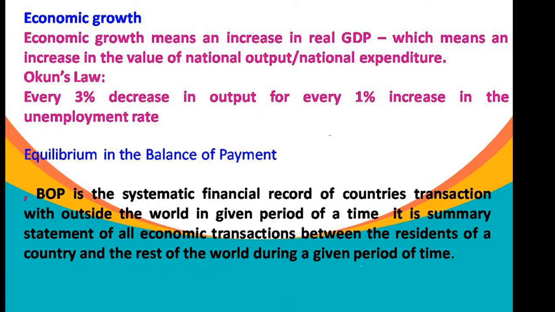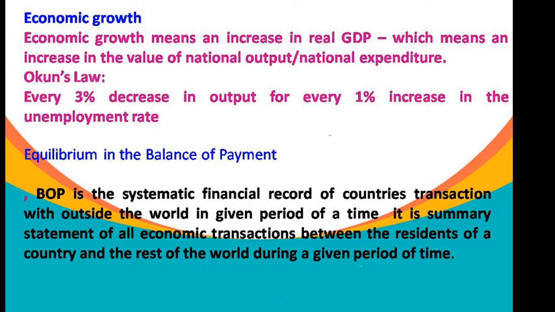According to Okun's law, every 3% decrease in output accompanies a 1% increase in the unemployment rate. It means every 3% increase in GNP can reduce unemployment by 1%. So, modern governments are aiming to achieve the maximum growth rate to reduce unemployment, poverty and misery.